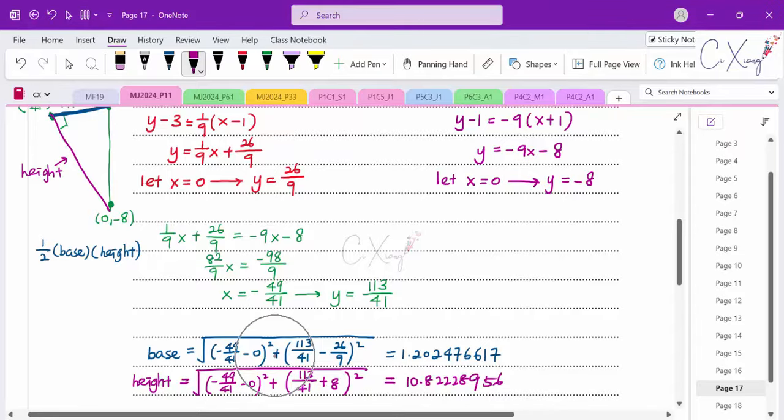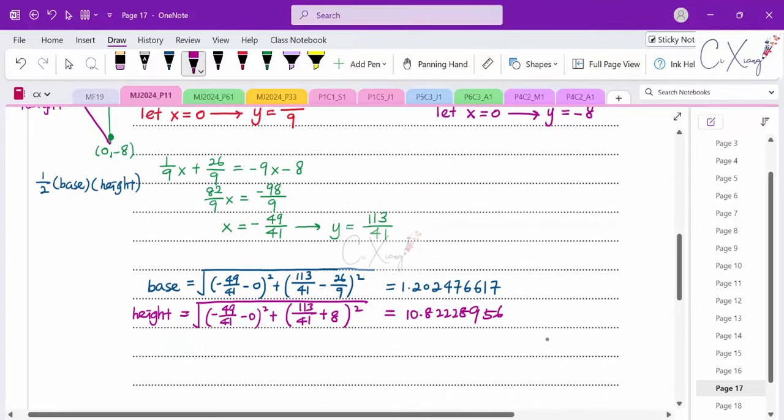Okay, after I get the base and the height, then I calculate the area of the triangle. The area of the triangle will be half times base times height.